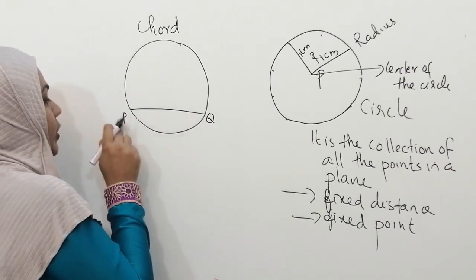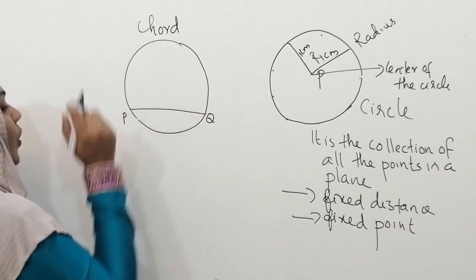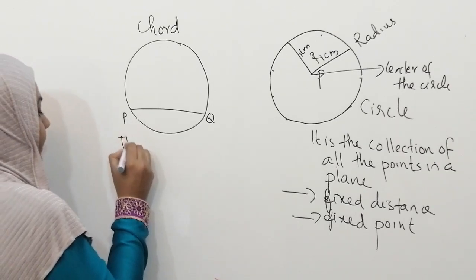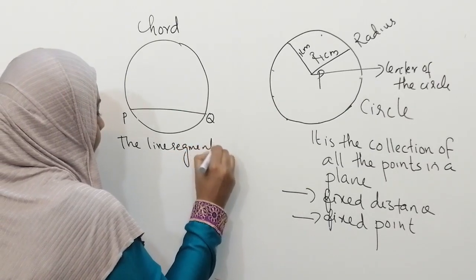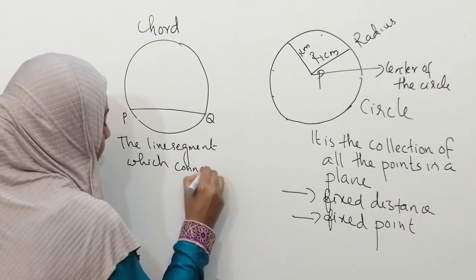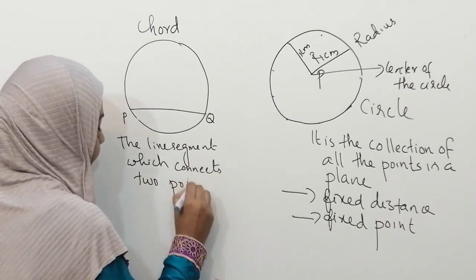The line segment that joins two points on a circle is called chord of a circle. So what is the definition for chord? The line segment which connects two points on a circle.